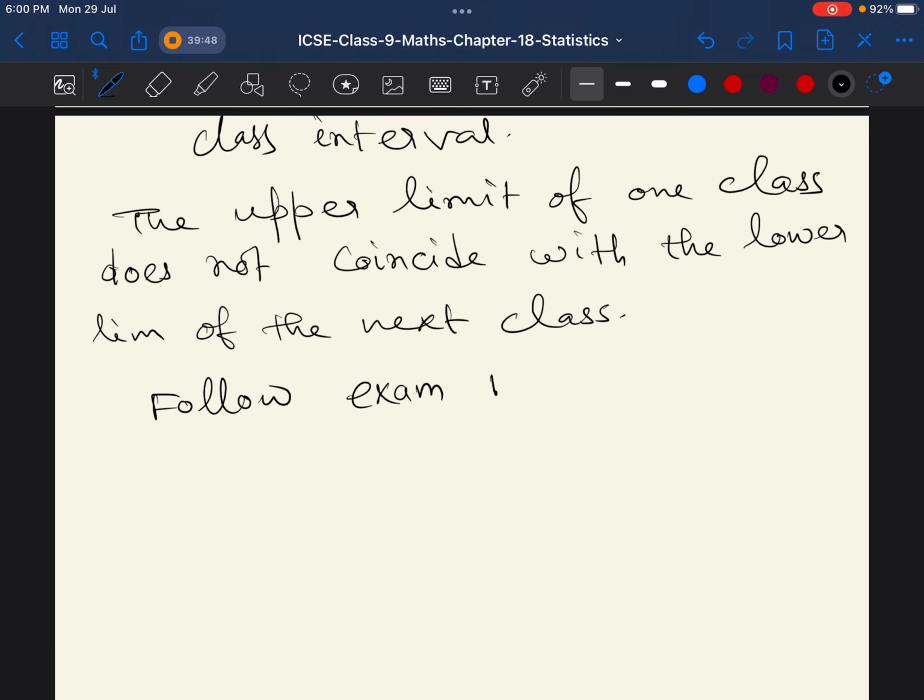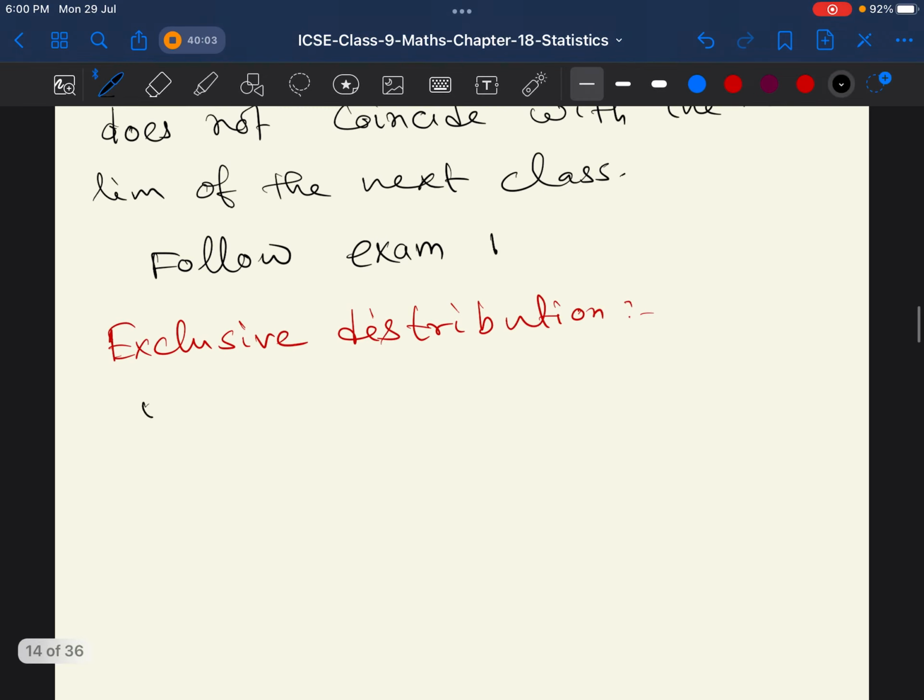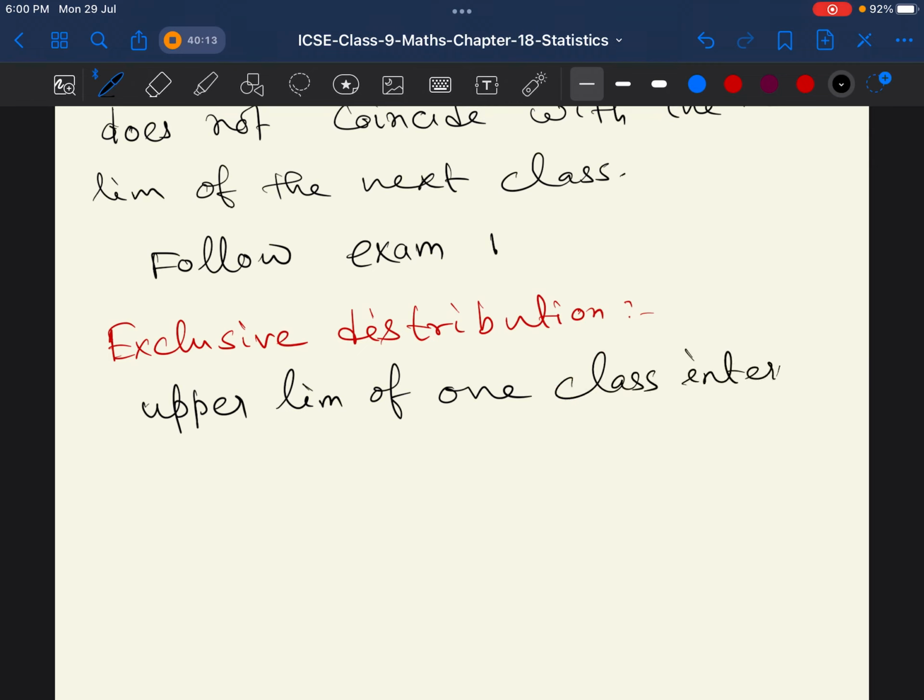Now exclusive distribution. What is exclusive distribution? Here the upper limit of one class interval is equal to the lower limit of the next class interval.